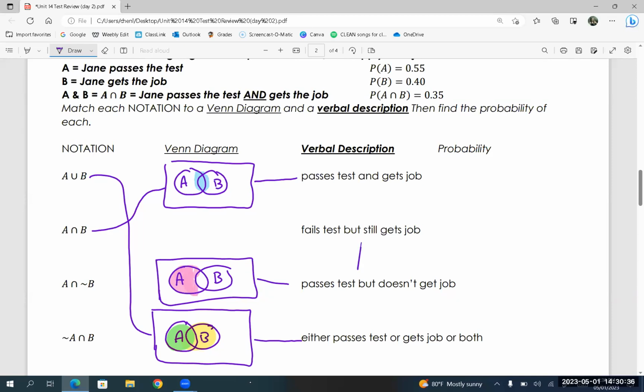Okay, and then our last one, there's only four, I think. That's what I'm confused about. The last one is not A and B, meaning she doesn't pass the test and gets the job. So that's our second option up here. That line is confusing.